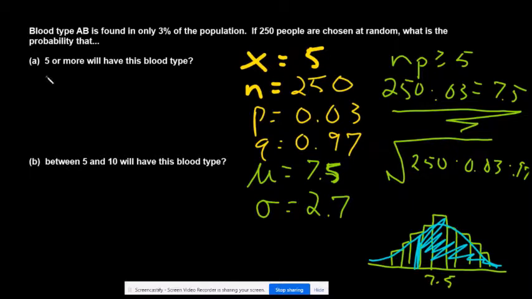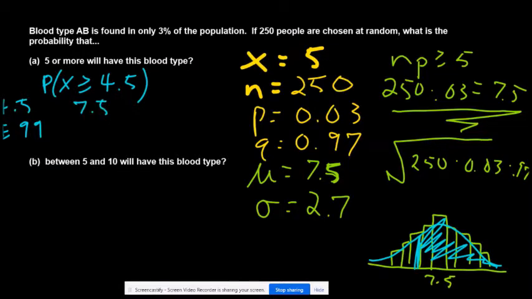My lower bound, now we're going to account for the continuity correction, so I'm going to take 5 and subtract 0.5. I'm going to find the probability of my measurement being more than or equal to 4.5. So my lower bound is 4.5. Upper bound is going to be 1e99. My mu is 7.5 and my standard deviation is 2.7.